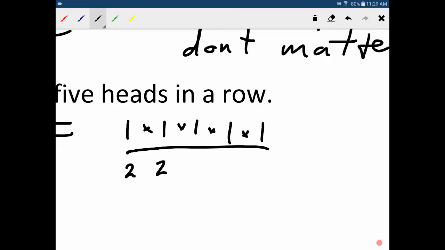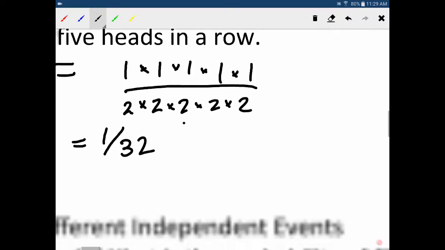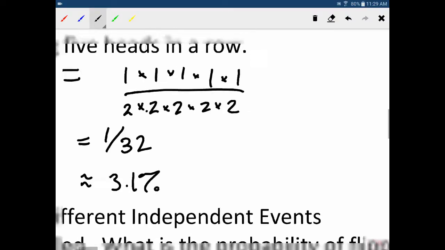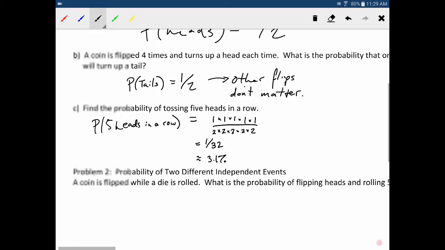Then the second one, there's 2, 2, 2, and 2. And so we just multiply all of those together, and we get that the probability would be 1 in 32, which is 3.1%. Okay, so there you go.